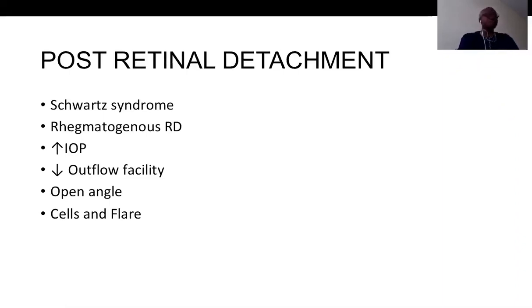But in a small subset of patients, especially those that have rhegmatogenous retinal detachment, they are found to have raised intraocular pressure occurring from decreased outflow facility in the presence of an open angle. They also have cells and flare, and this is referred to as the Schwartz syndrome. The interesting thing about this is that after the retinal detachment is repaired, the intraocular pressure comes down to normal.